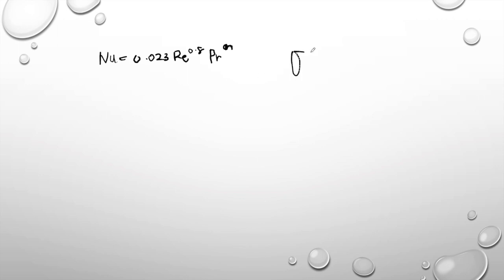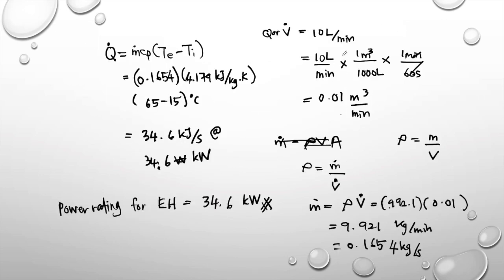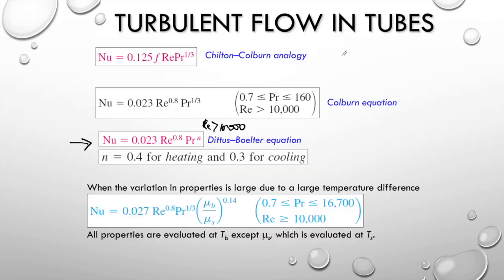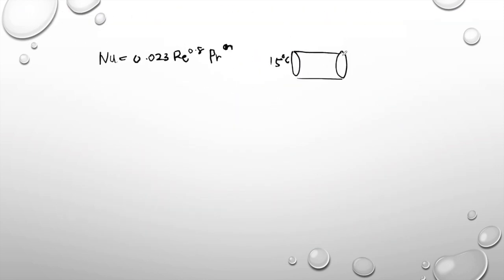Now we want to find the value for n. The inlet temperature is 15 degrees Celsius and the exit temperature is 65 degrees Celsius. We want to find whether this is a heating or cooling process. As we can see, the temperature of the fluid increased from 15 to 65, so Q has been absorbed into the system.